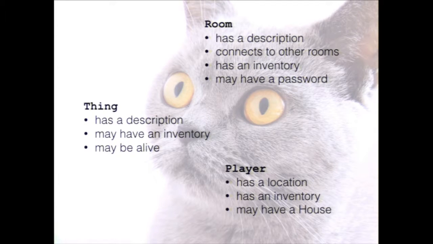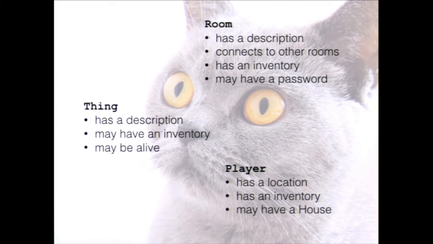Rooms will have a description like, you are in the Great Hall of Hogwarts. They can contain things or other players. In other words, they can have an inventory. They'll connect to other rooms. They may or may not have a password, et cetera. For every category, there are many, many properties that each of these state classes can have. And the entire state of the game is represented by the collective state of all the rooms and things and players in the game.